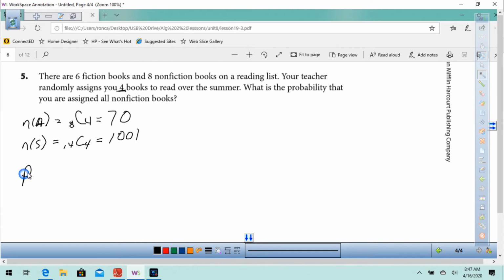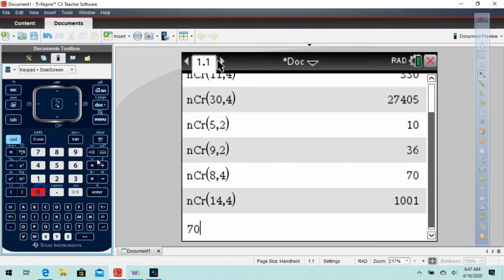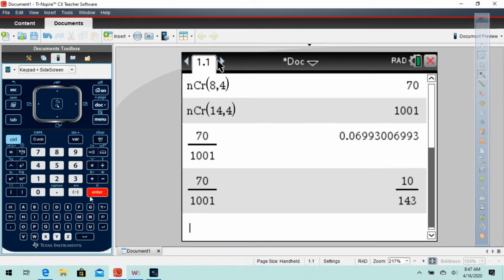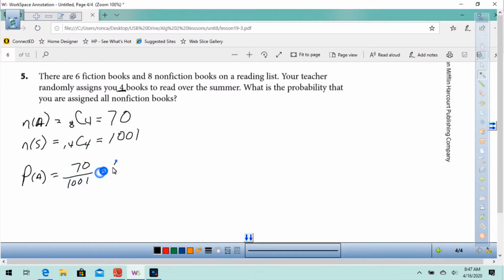So the probability of being assigned 4 nonfiction books is going to be 70 over 1001. That's 10 over 143.